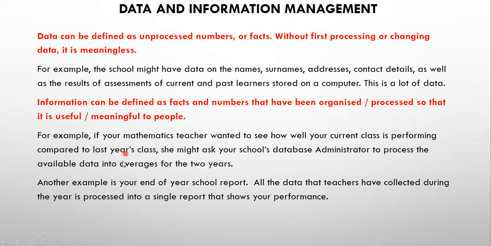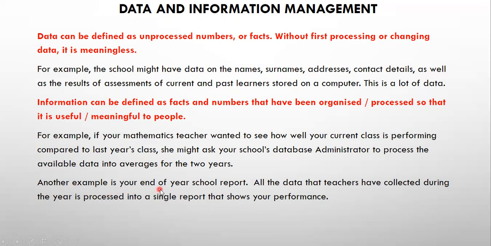So working out the average is a process happening on the data of the marks. The marks are the data. The average is the processed data. So the average is information, but the marks themselves are data.